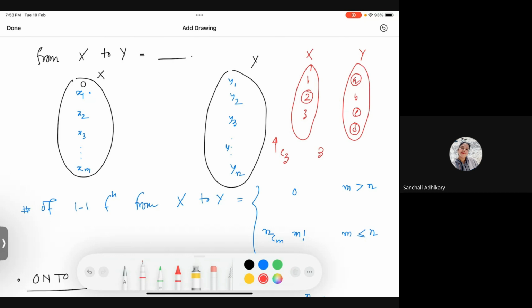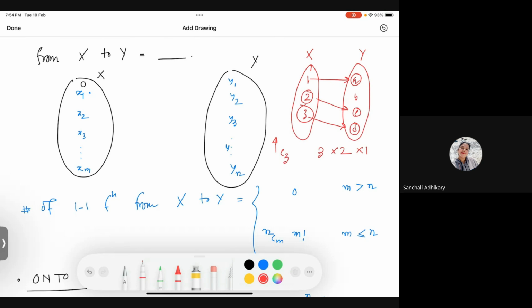Because suppose one goes to A. Then two cannot go to A. Two may go to C or D, so two has two choices. And three has only one choice, because if two goes to C, then three must go to D.